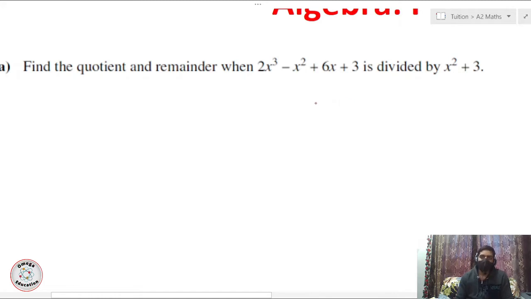So I'm going to write this polynomial over here, 2x cubed minus x squared plus 6x plus 3. And you're dividing this thing by x squared plus 3.